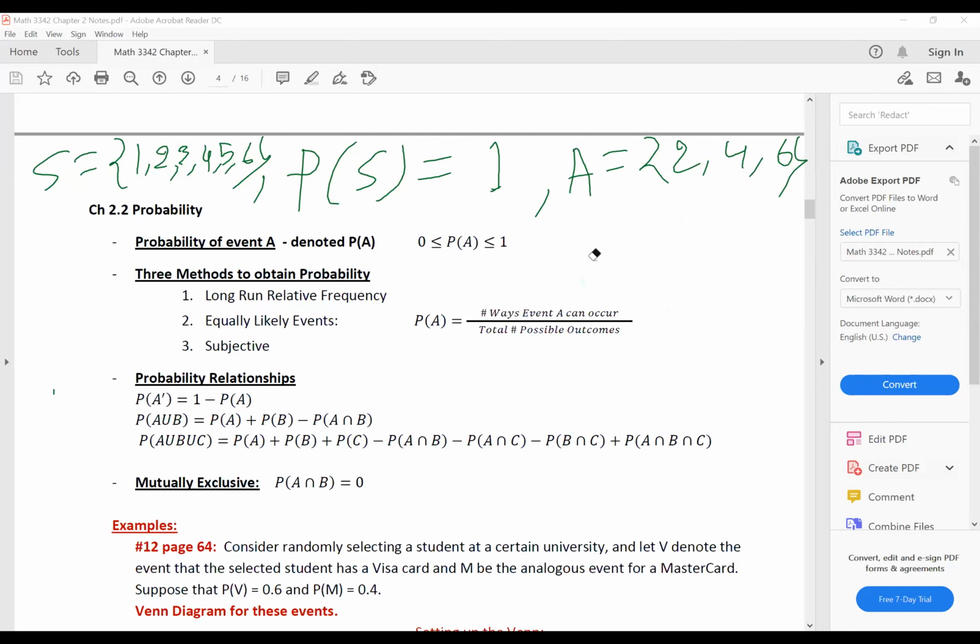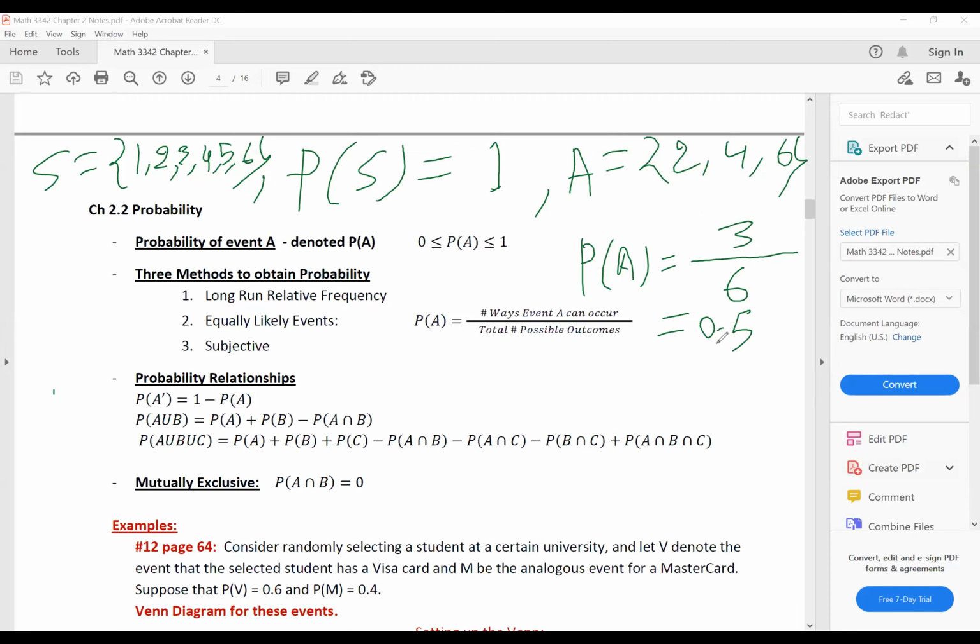Okay, probability of A is actually the number of outcomes in A. How many outcomes are there in A? 3. So what is the total outcomes? 6. So the probability of A is 3/6. So that means in the numerator it will be the number of outcomes in that event, and in the denominator the total number of outcomes in the sample space. So the probability is 3/6. So that means this is 0.5, right?